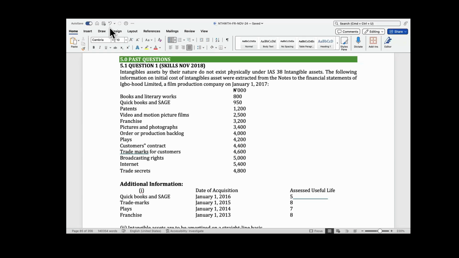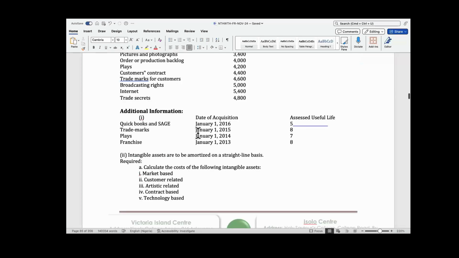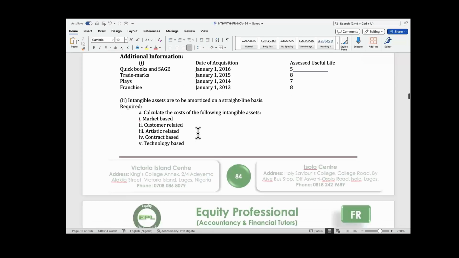Additional information. QuickBooks and Sage, date of acquisition, January 1st, 2016. Assessed useful life, 5. Trademarks, date of acquisition, January 1st, 2015. Assessed useful life, 8. Plays, date of acquisition, January 1st, 2014.